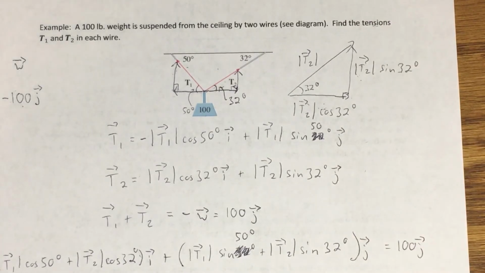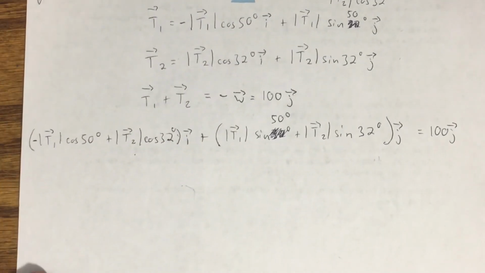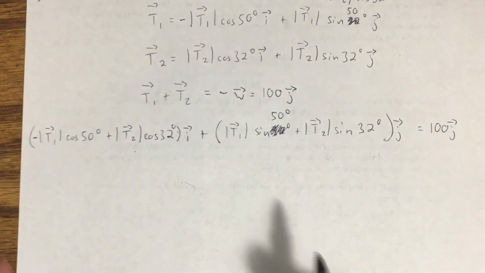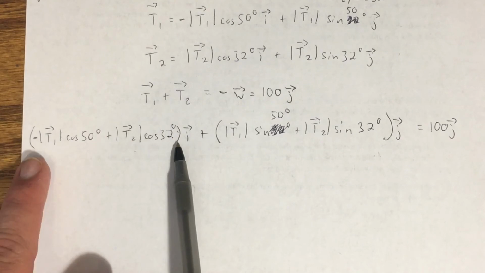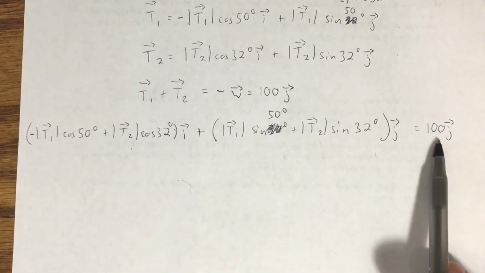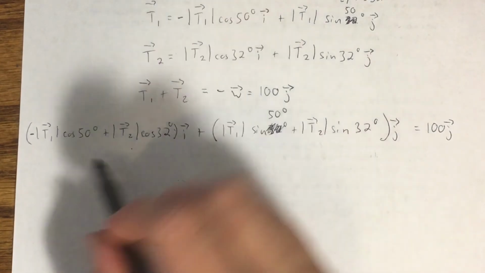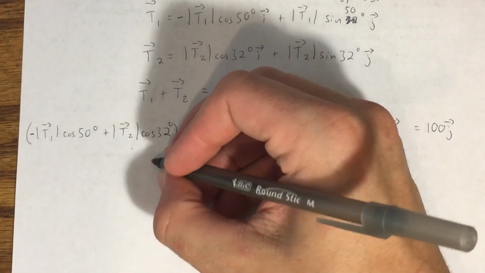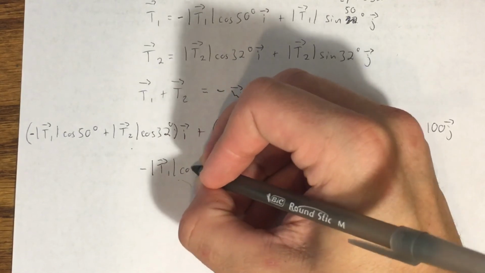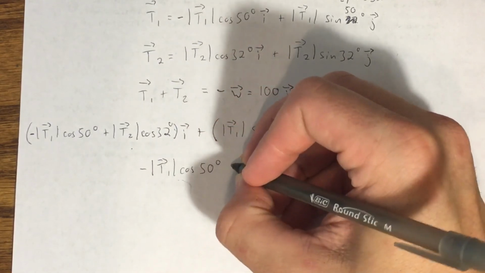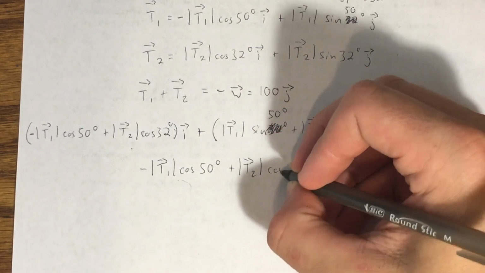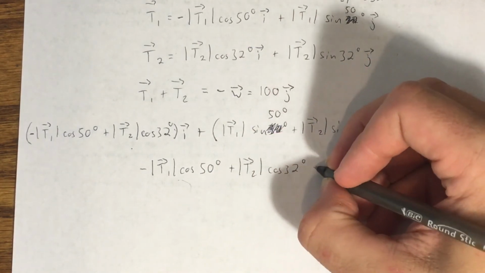100J. Now, if you have two vectors that are equal to each other in this form, in terms of standard basis vectors, we can equate I components and J components. The I component of this vector is 0, so that allows me to set this equal to 0. Negative magnitude of T1 cosine of 50 degrees plus magnitude of T2 cosine of 32 degrees equals 0.